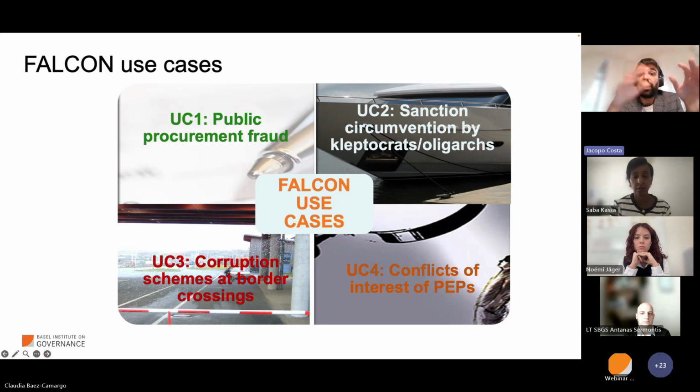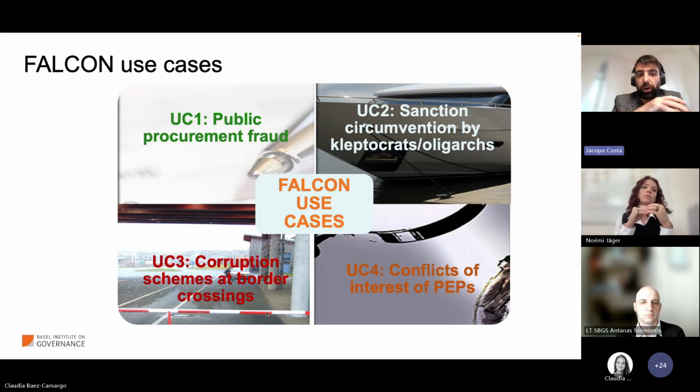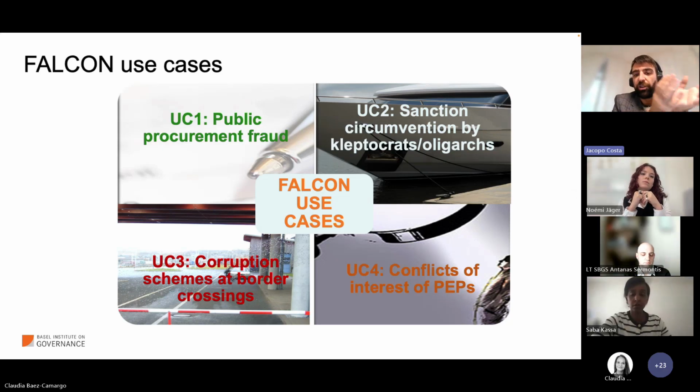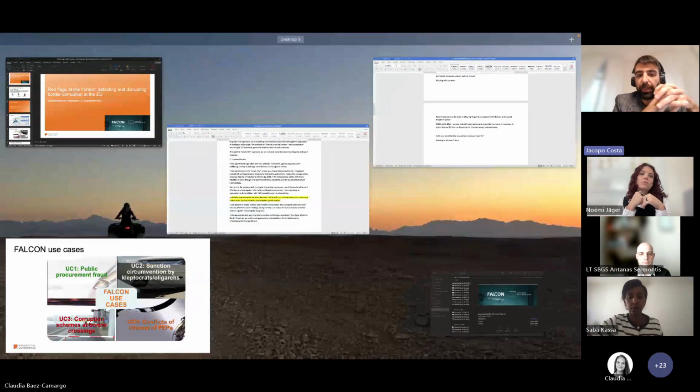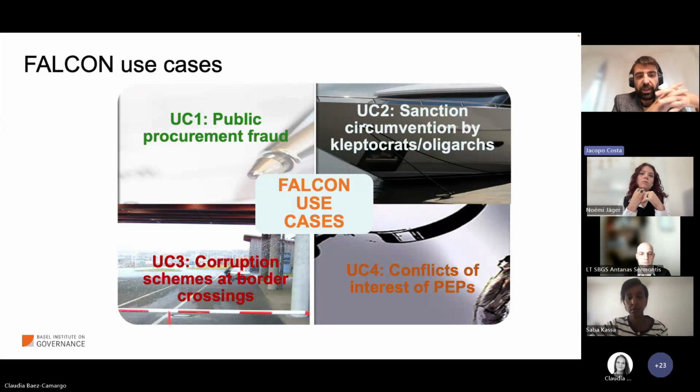We have tried to cover different corruption typologies, and we have focused our work on different use cases: public procurement fraud, sanction circumvention by kleptocrats and oligarchs, corruption schemes at border crossing, and conflict of interest of politically exposed persons.